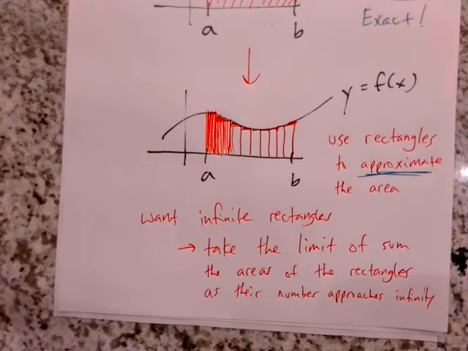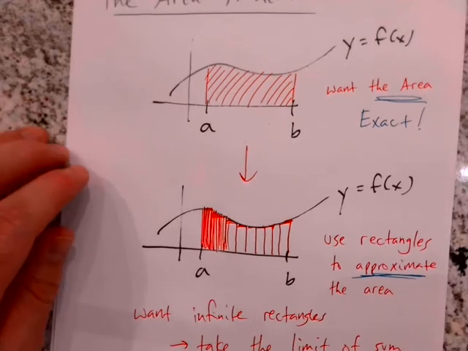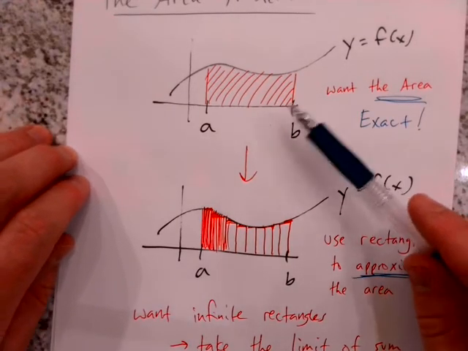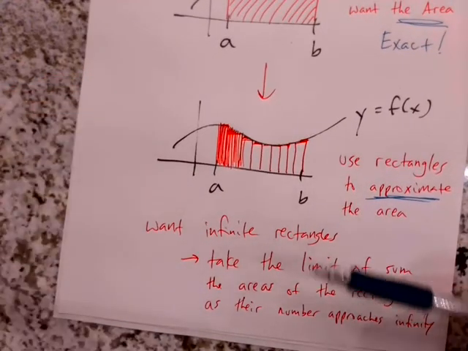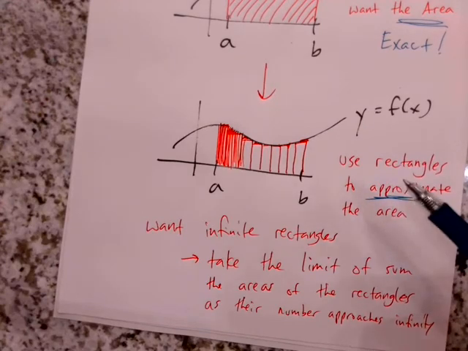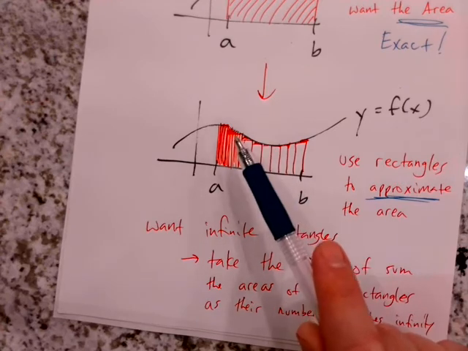That's pretty much the outline for what we're going to do today. So just to summarize that, because it is an important concept in calculus, we want the exact area of this 2-dimensional plane region, but there's no formula for the shape. So we use easier shapes, shapes that have formulas, like rectangles, to approximate the area. But with any finite number of rectangles, there's going to be either overlap or underlap, I suppose.